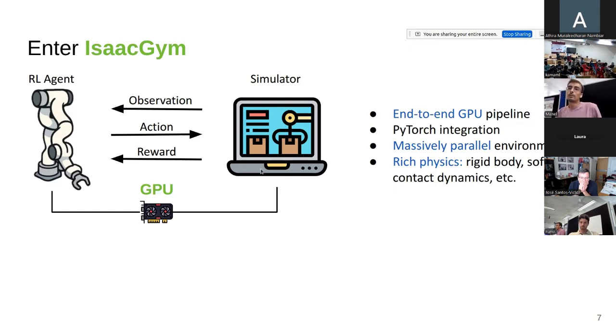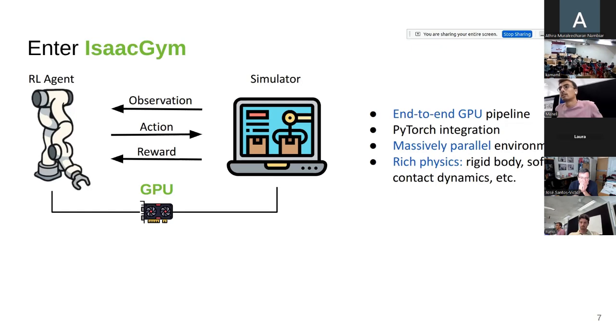And so you don't need the CPU anymore. Now everything when you use Isaac Gym just runs inside this unit and uses the same memory. So all of these arrows transferring observations and actions and rewards back and forth are much faster because you are on an end-to-end GPU pipeline.